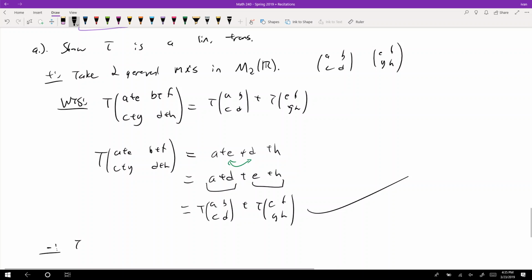Scalar multiplication. Take a constant K in R and 1 general matrix in M2R.